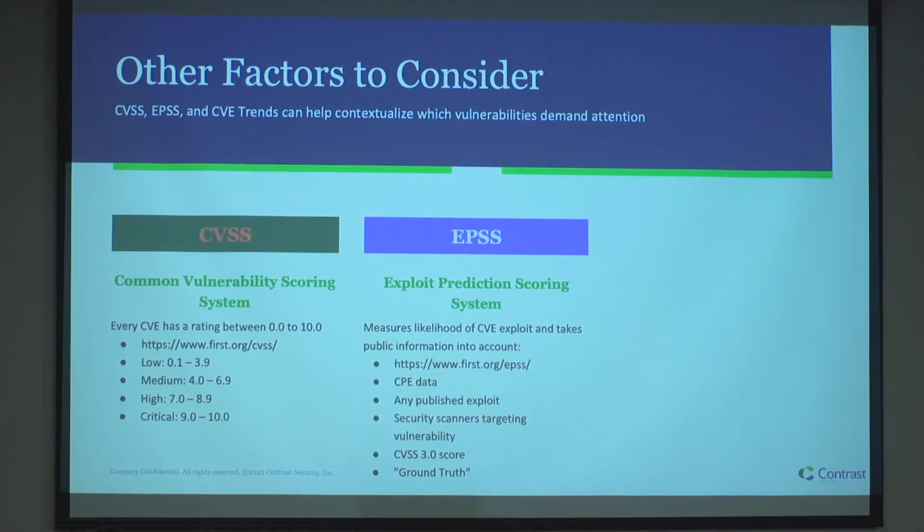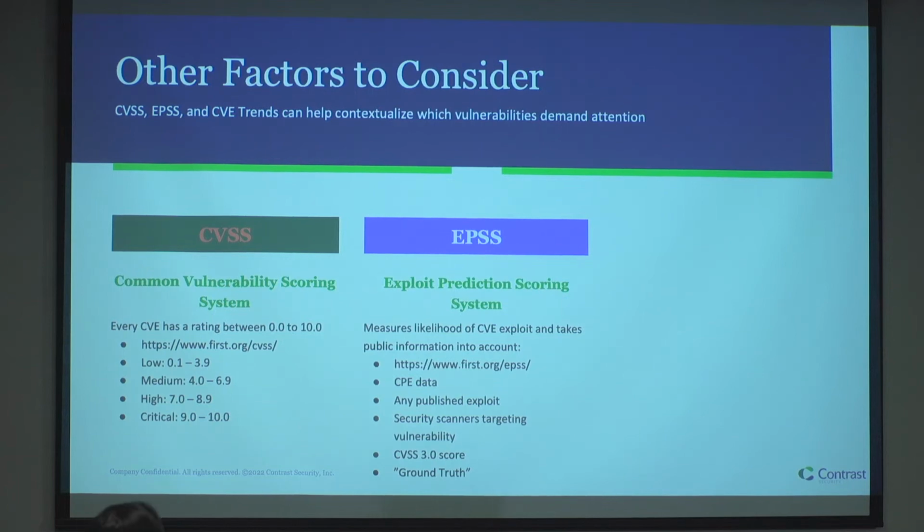Actually, I'm going to do a quick demo because I think it's fun. EPSS is the Exploit Prediction Scoring System. It uses data from different sources. It looks for published exploits, it looks at the CVSS scores, and it looks at the exploitability of a CVE. So how likely will this vulnerability be exploited?